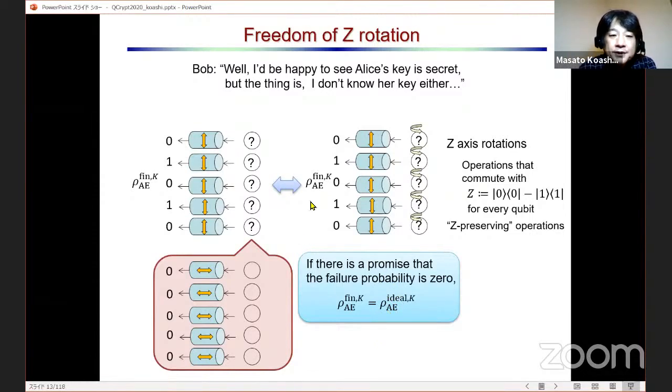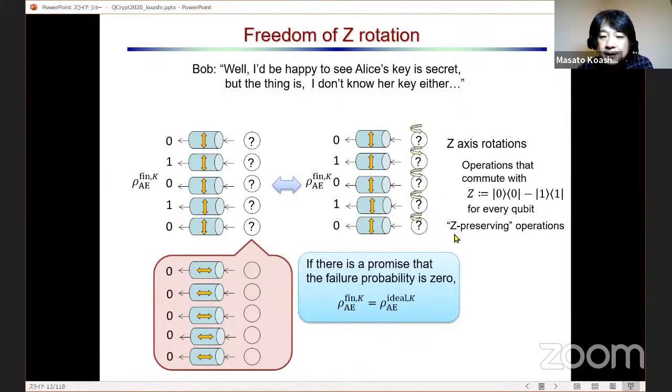So observe that if we rotate these qubits just before this measurement, the basis measurement, then the outcome would be the same. So what I mean is that the final state here and the final state here are the same if the rotation is along the z-axis. What I mean is the operations that commute with the z observable for every qubit.